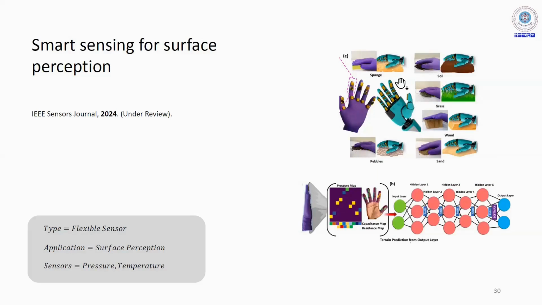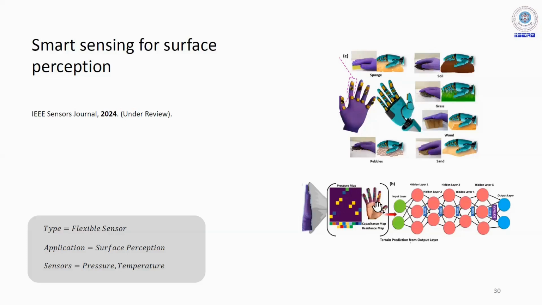So the idea is if we attach different pressure sensors, basically these are multimodal sensors, a pressure plus temperature sensor attached to different robotic arms and gloves, and if you touch an object, this can identify whether it's a cemented surface or soil surface, or it's mud, or it's a glass surface, and so on and so forth.